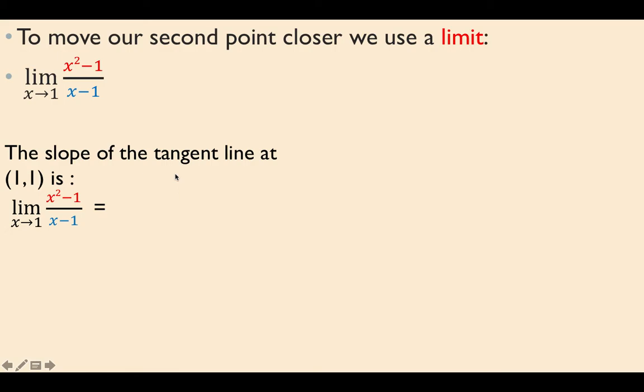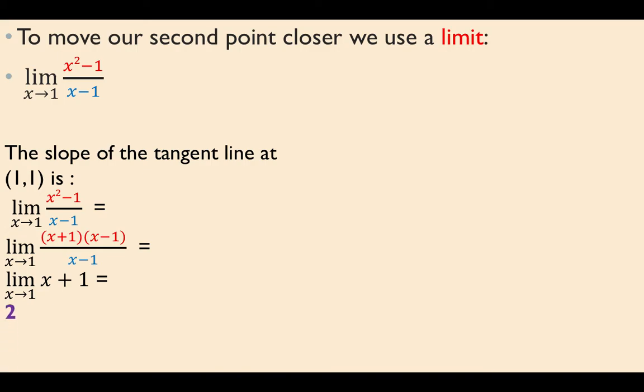You can factor it using the box method, or you can remember that when you have x squared minus some number squared, like 1 squared, which is 1, that's just going to become x plus 1 times x minus 1. This will cancel out. Then you'll have the limit as x approaches 1 of x plus 1. Now I'm able to plug in 1, and that's going to give me the slope of the tangent line finally. It's 2. Great. So we have the slope of the tangent line.